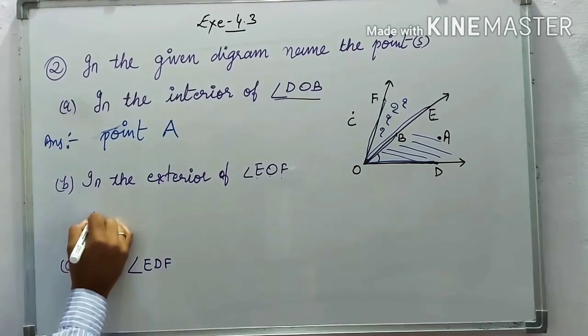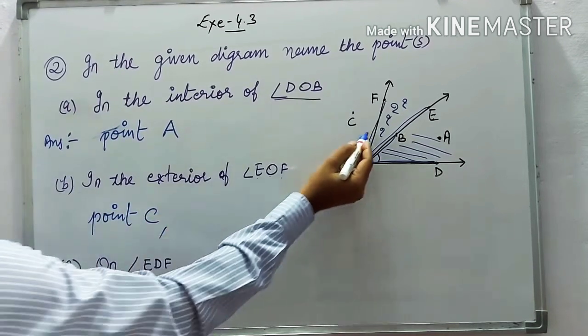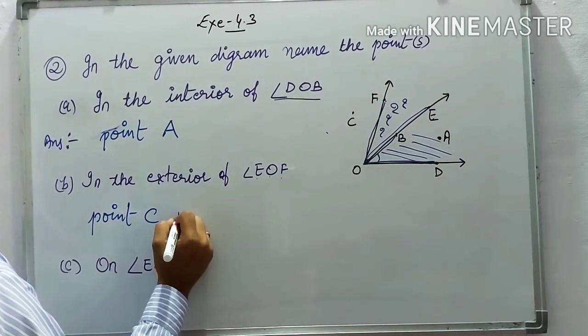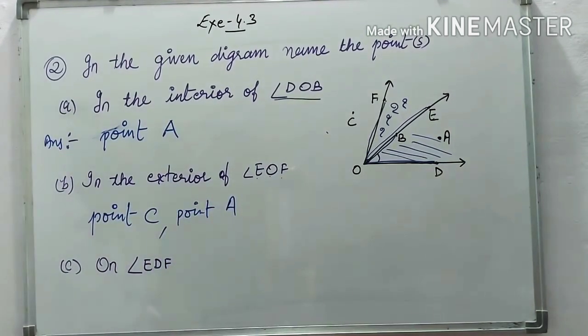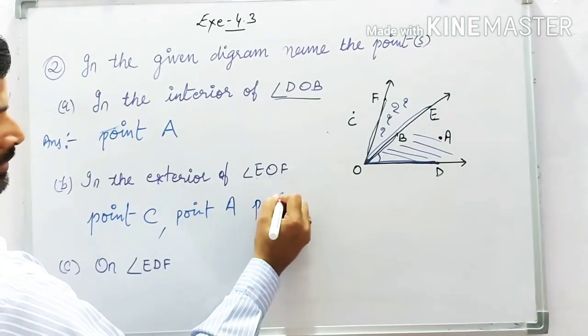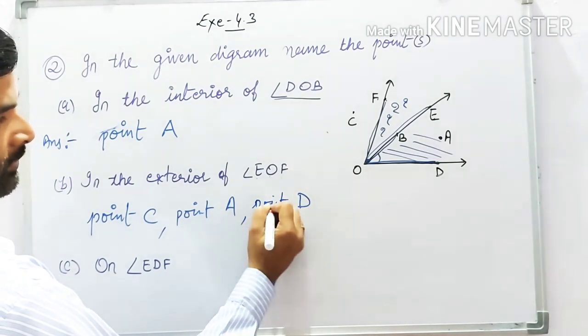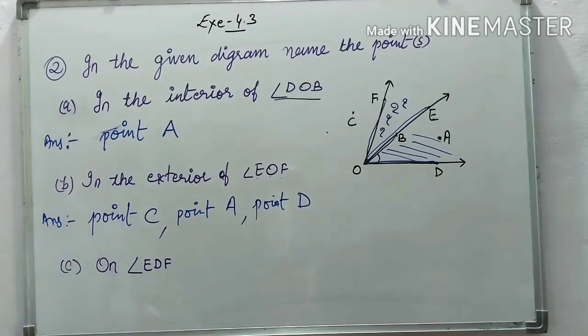So point C is in the exterior part, point A, and point D. That's the answer. And third is which points are on angle EOF.